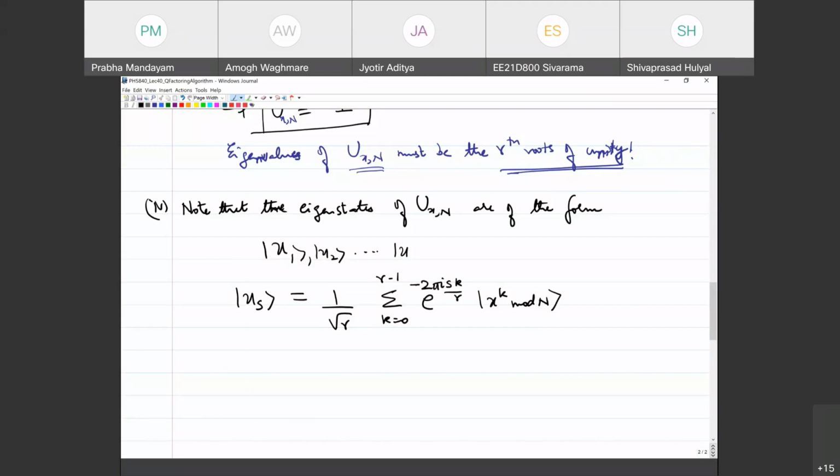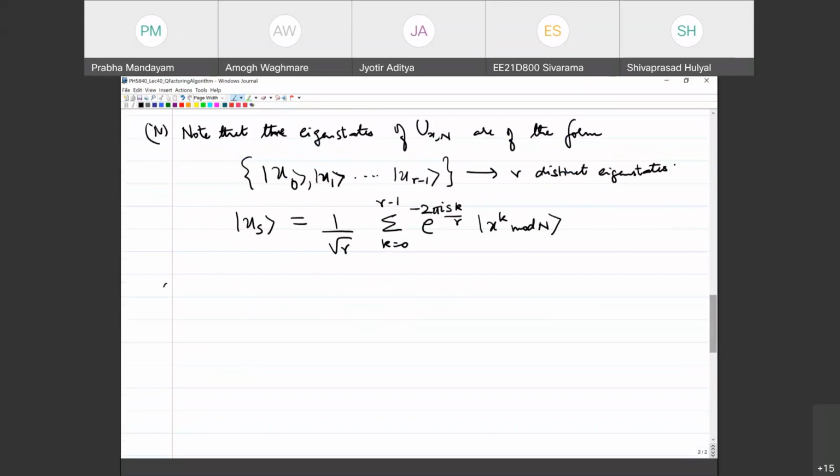Okay, so let me label these now as U0 to U r minus 1. So I want to say that there are r of them. So there are r distinct eigenstates, and I have to still argue that they are eigenstates, but that is now easy to check.